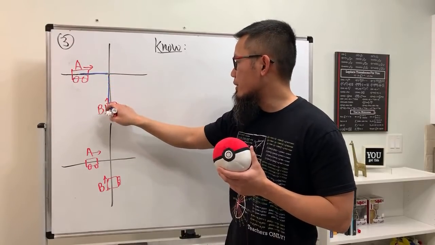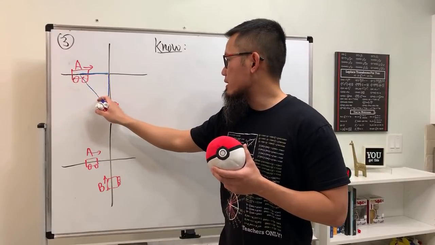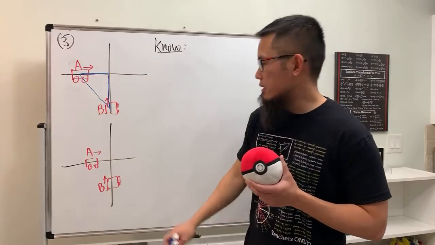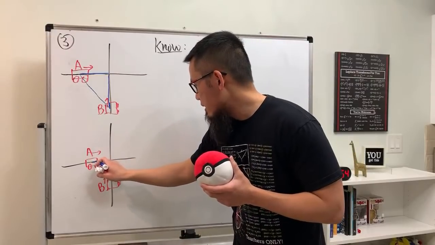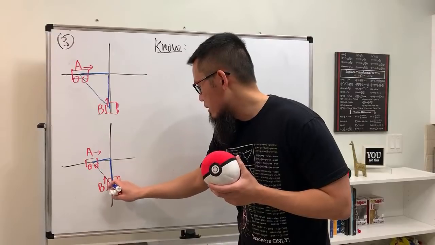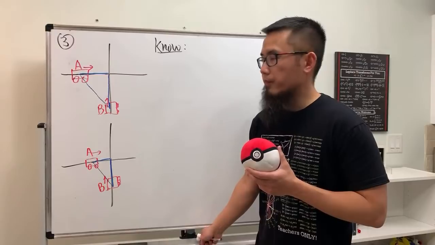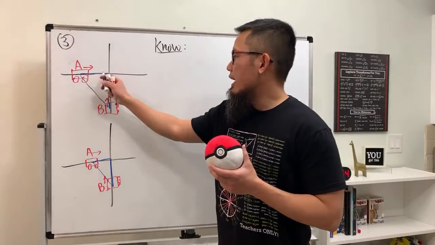And from here to here is car B. We also need to care about the distance between them, the straight line distance. You can see that all three lengths change, and they are getting smaller and smaller.